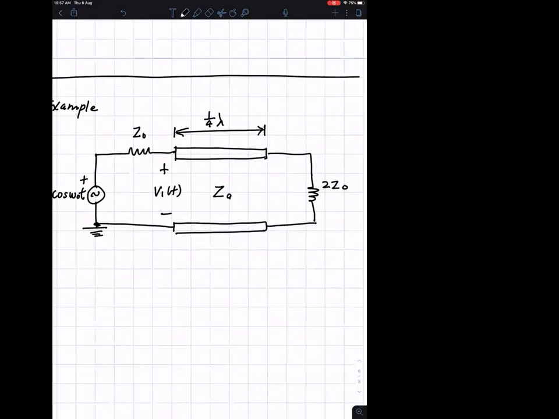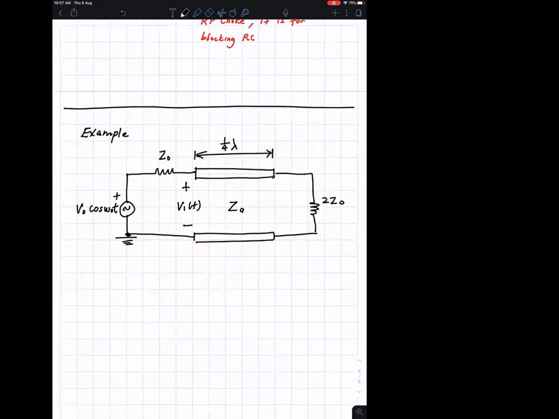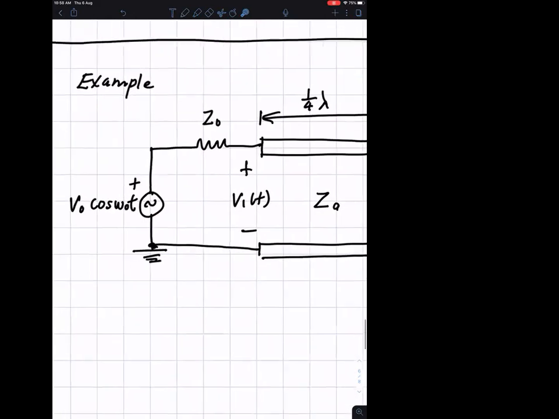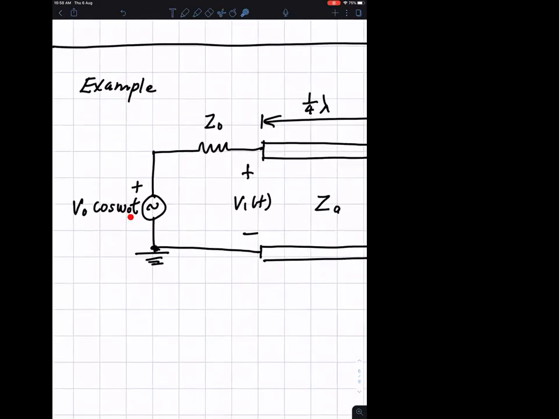Okay, you have a circuit diagram here with the transmission line. The circuit has an input voltage AC with the amplitude V naught cosine, frequency omega naught.